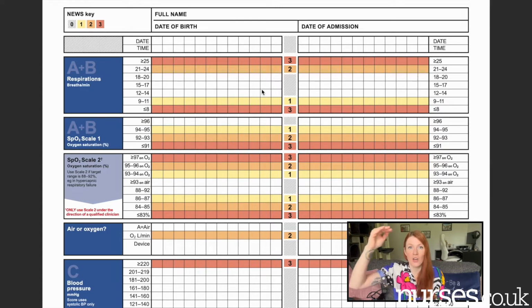But the fact that hers had dropped so drastically within an hour, that's when you know something is going on. This patient is in respiratory depression. We need to act right now, this second, not keep doing our observations and wait to see if it drops even further. So this is an example of how these observation charts only go so far.